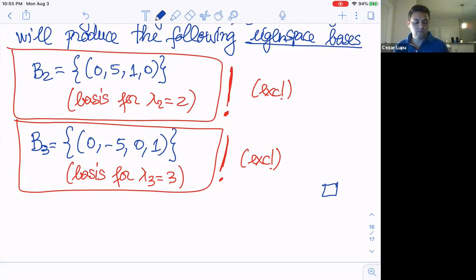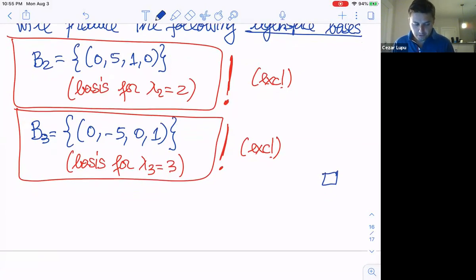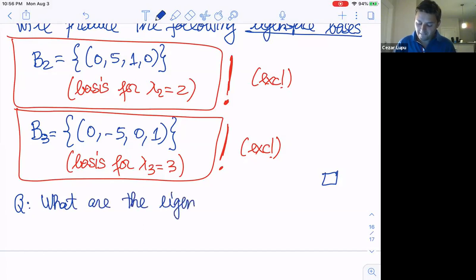We have seen a 2 by 2, 3 by 3, now a 4 by 4. And now I want to mention some special matrices, because I'm going to deal with this type of matrices in the future. We have seen something about triangular matrices, and I want to address this question: what are the eigenvalues of triangular matrices?